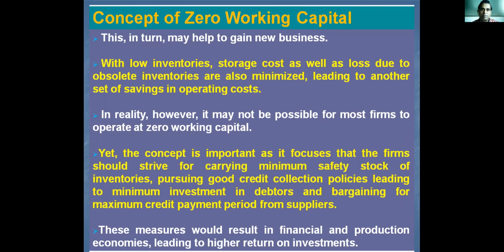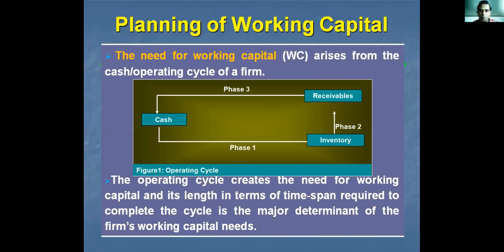Okay then. After this short pause, let's move on to the next topic, planning of working capital. Figure 1 speaks about the operating cycle. The need for working capital arises from the cash cycle of a firm, which is popularly known as the operating cycle of a firm. Please pay attention, whether accountancy or non-commerce students, it is easy to understand.